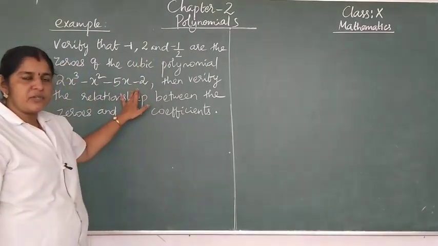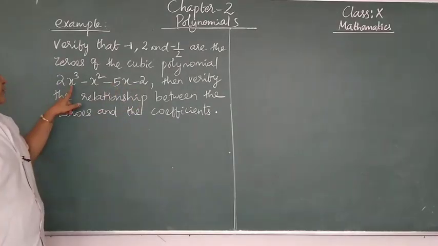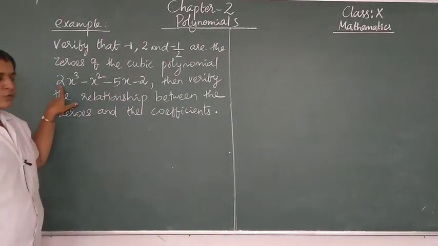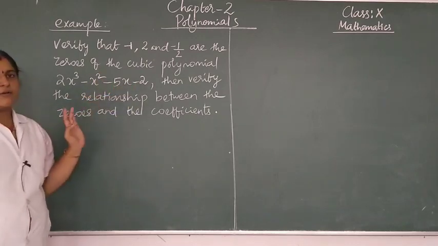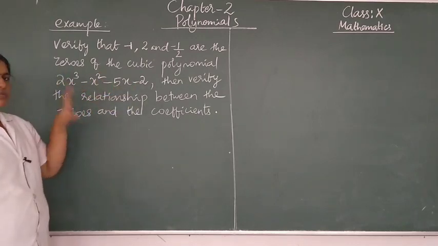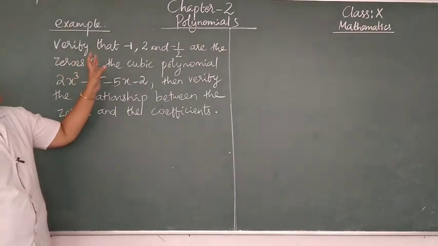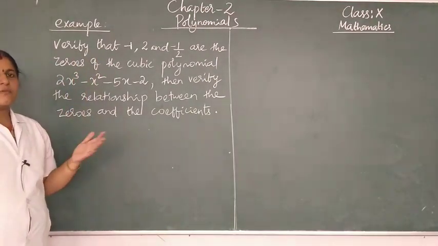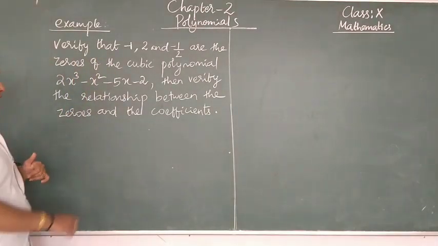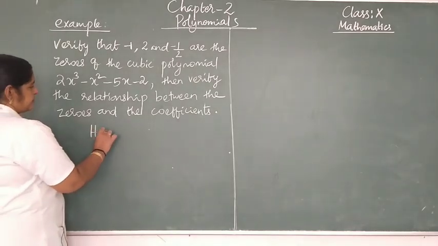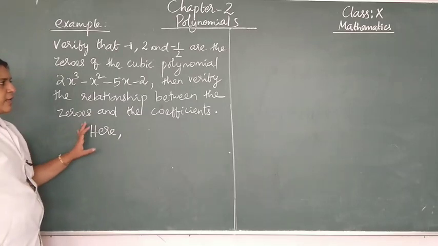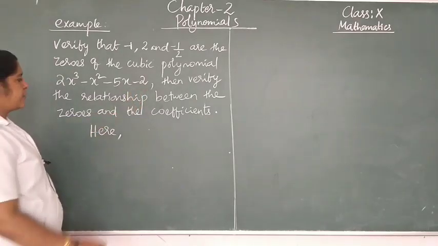What are the coefficients of this polynomial? Coefficients A is equal to 2, B equal to -1, C equal to -5 and D equal to -2. So assume those values and take the three zeros. Now we need to verify the relationship. So we are going to do the second part of the question.